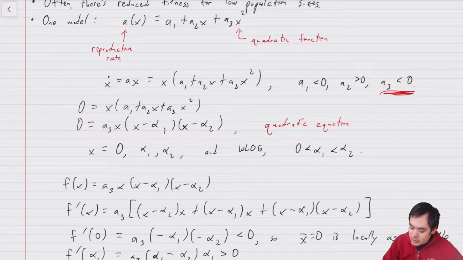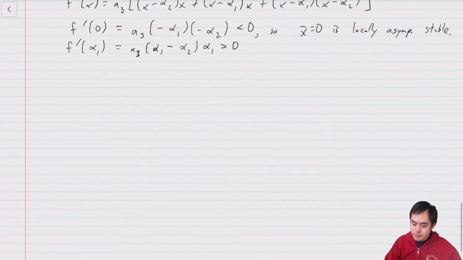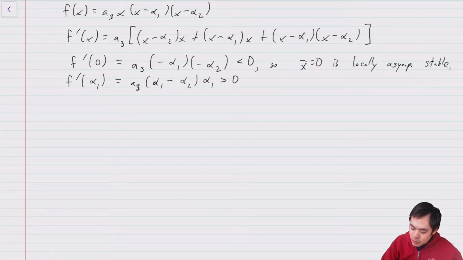And a1 being less than 0 basically means that if your population is too small, it also decreases. Whereas a2 being greater than 0 means that there are some intermediate sizes at which the population does increase. Okay, but anyway, here we've solved for this, and we get that the alpha 1 equilibrium is unstable. So x bar equal to alpha 1 is unstable.